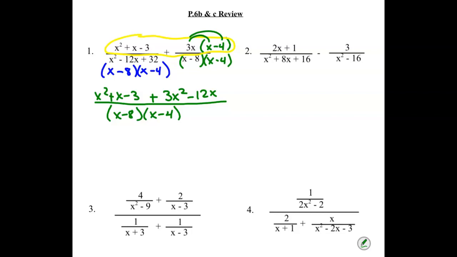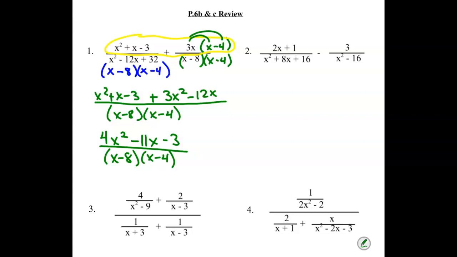Combining like terms, we have an x squared plus a 3x squared, so we get 4x squareds. We have an x and a negative 12x, so negative 11x. And our only constant is that negative 3. And then we keep our common denominator. You would want to try to factor the numerator, but it does not factor.